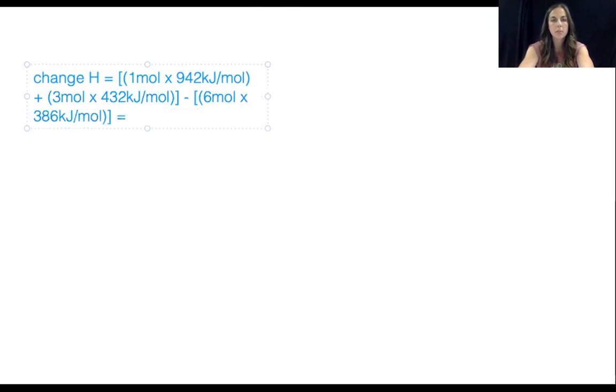And then you would just put that in your calculator, and you would end up with negative 78 kilojoules. So the fact that it's negative tells us that it's exothermic, just like we talked about.